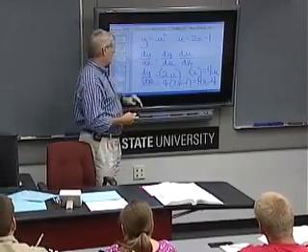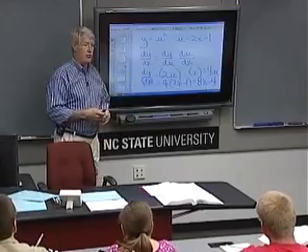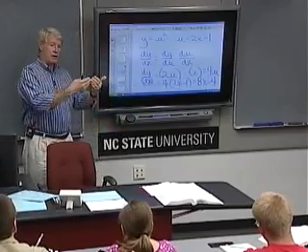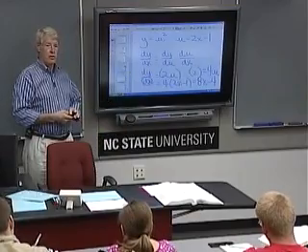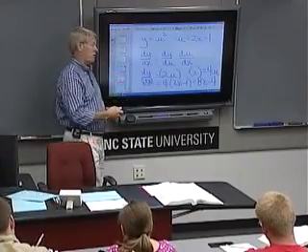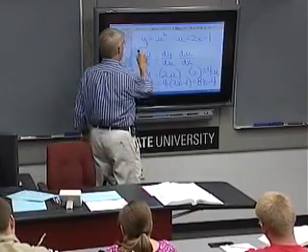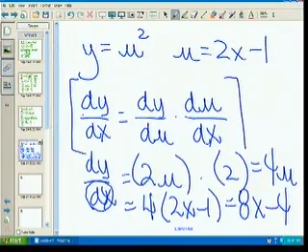So this is when you have y in terms of a parameter, another variable, y in terms of u, and then u in terms of x, you can use this approach right here. So that could be used for if you had a whole string of equations.